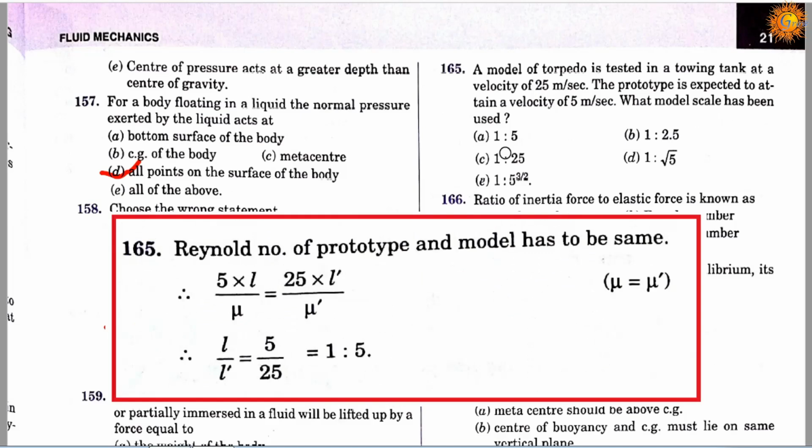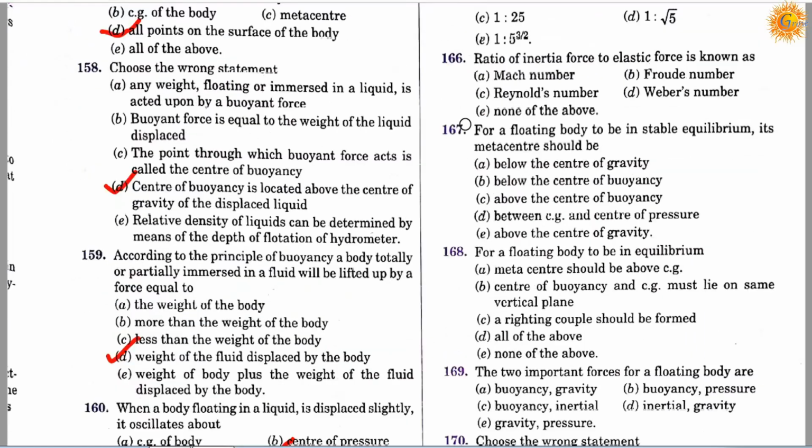Option A 1:5, option B 1:2.5, option C is 1:25, option D is 1 upon square root of 5, and option E is 1:5 power 3 upon 2. You can see its solution here, and the correct answer is A. It's 1:5. Question number 166.